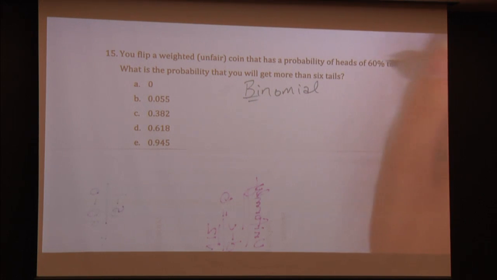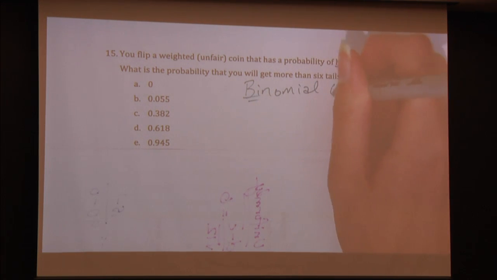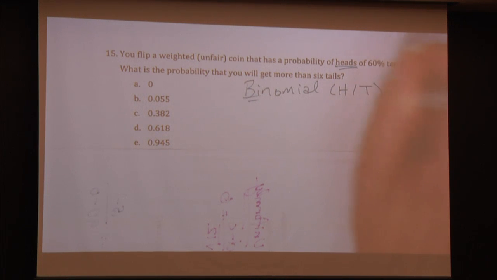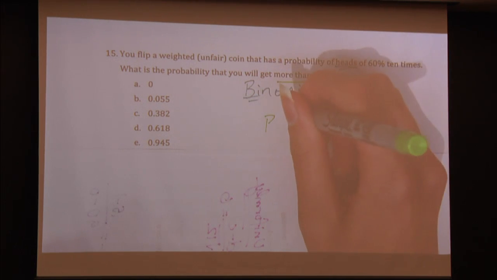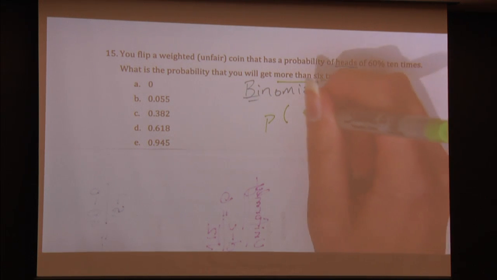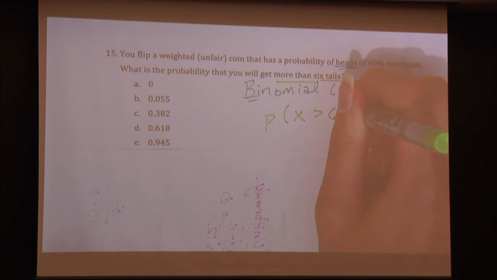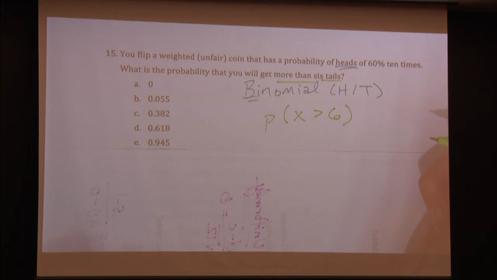So when you flip a coin, you can have heads or tails. So we ask about the probability of getting more than 6 tails. So we want the probability that we're going to get more than 6.